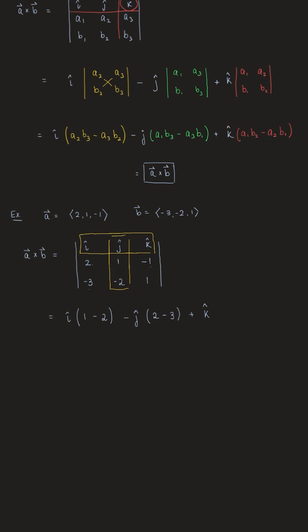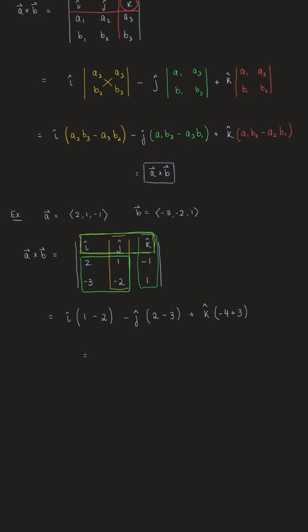and this time we isolate the column and row containing k hat, and we find the determinant left over right here. So that will be 2 times negative 2, which is a negative 4, minus 1 times negative 3, which is negative 3, so that will become a plus 3.